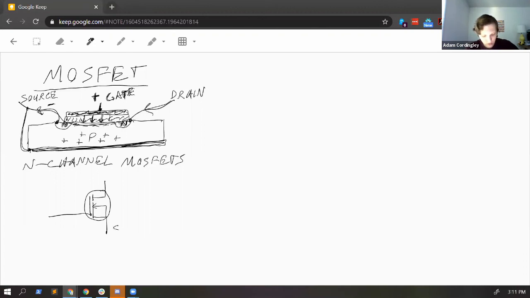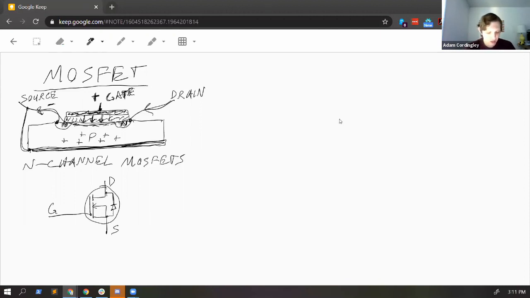So this is our source, this is our drain, this is our gate. Now this is a little incomplete. I'm gonna actually correct this. There's one little intrinsic, built-in component, which is a diode pointing from source to drain.